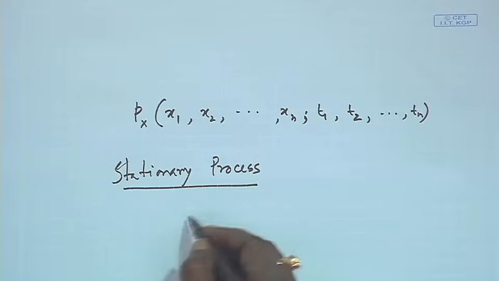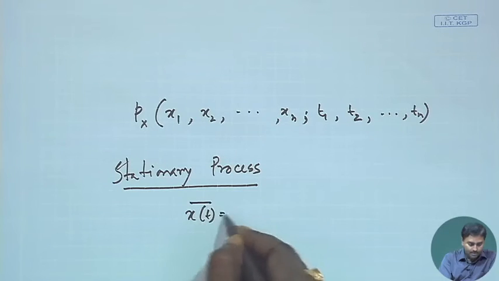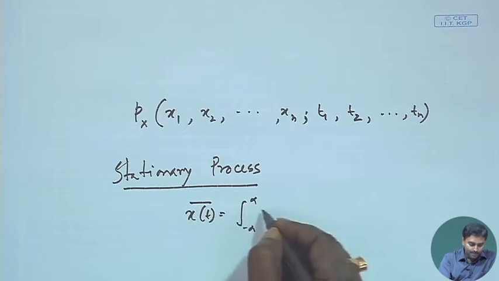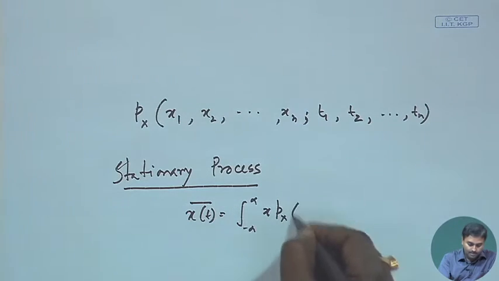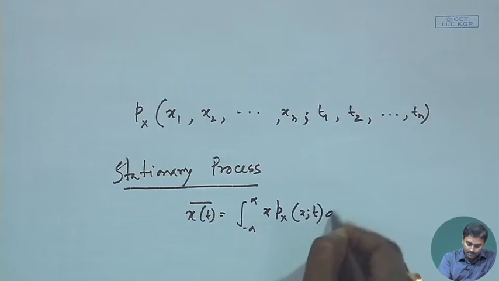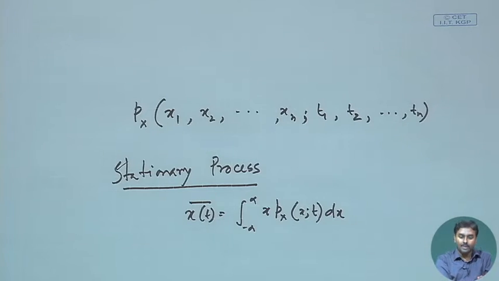That means all those PDF and joint PDF we are defining are not really dependent on the time where I start. Okay. So, let us talk about the mean first. So, my mean x t bar was the integral from minus infinity to plus infinity of x p x x t dx, right. So, this was my mean.